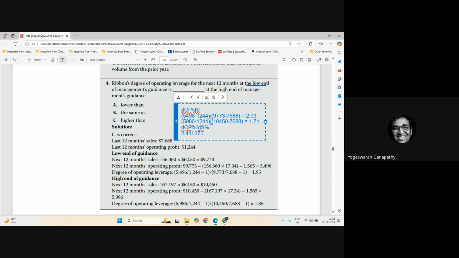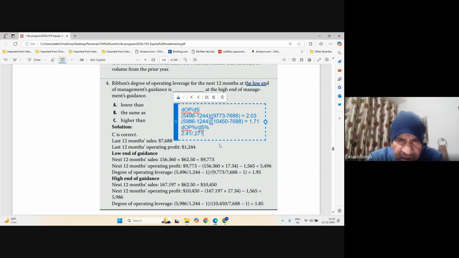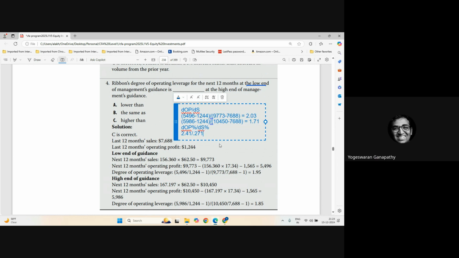Even in what they have taken, it is 5496 divided by 1244 minus 1, which is nothing but 5496 minus 1244 divided by 1244. It's the same thing that we did. So why 3.41 divided by 0.271? It will be too much.